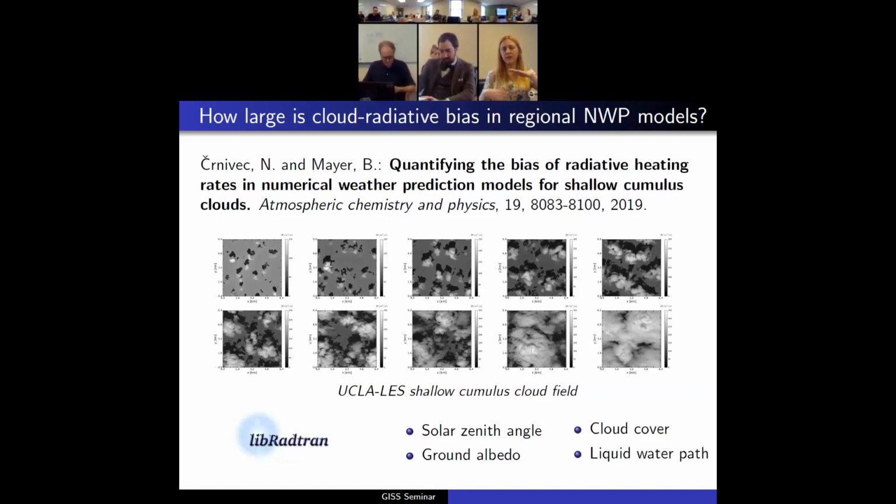But at low sun angles, 3D effects were dominant. But still, surprisingly, also at this 2.8 kilometer grid spacing, which was the former resolution of Cosmo-D, the biases stemming from poor representation of unresolved clouds were generally larger.